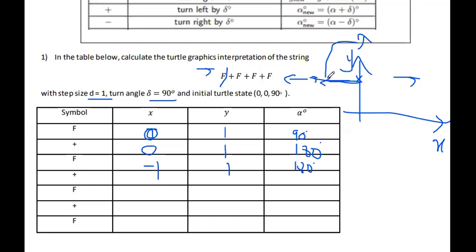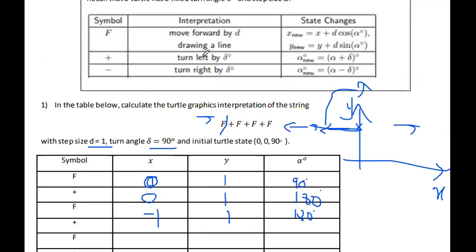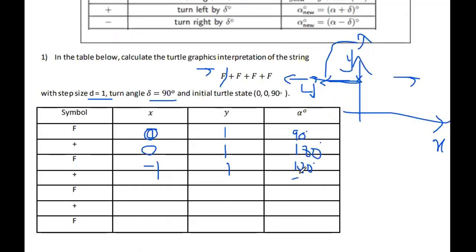And plus again means turn left by 90 degrees, so the angle changes to 270 degrees. These coordinates remain the same.